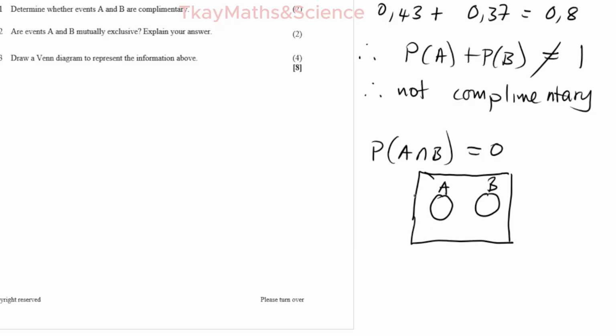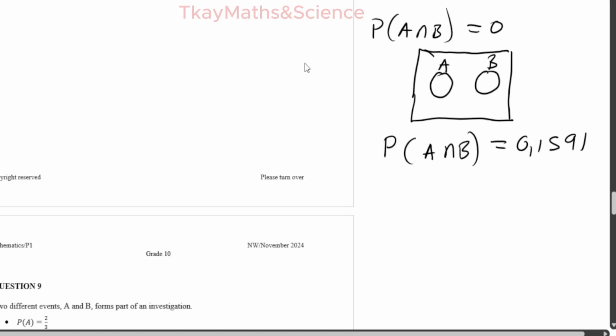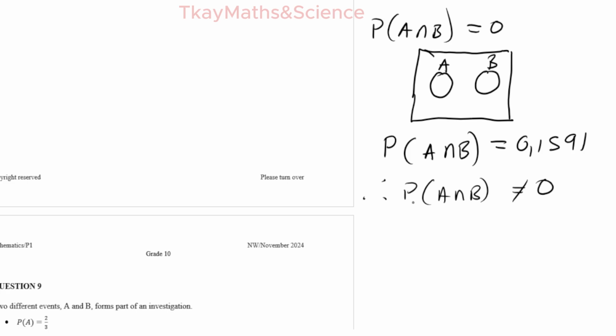Then they are mutually exclusive like this. But we have been given the probability of A intersecting B is equal to 0.1591. Therefore, the probability of getting A intersection B is not equal to 0.